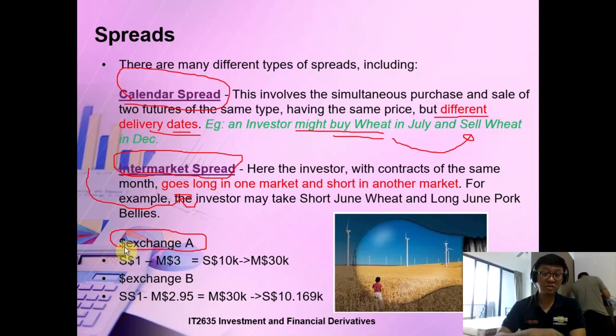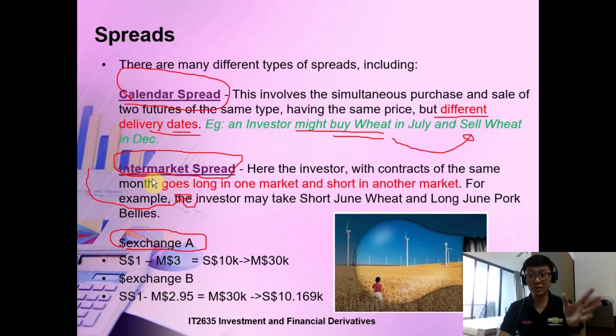Next time you travel overseas or go as a tourist, sometimes you want to change money. There are many money exchanges in different locations. If you are able to do this kind of intermarket trade, where you buy and sell in different markets, making use of the differences in pricing, this is how you could do it.